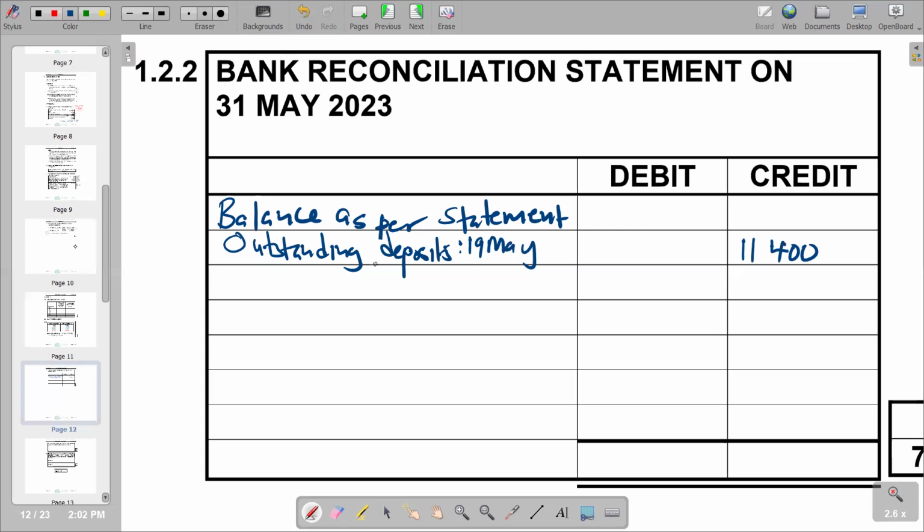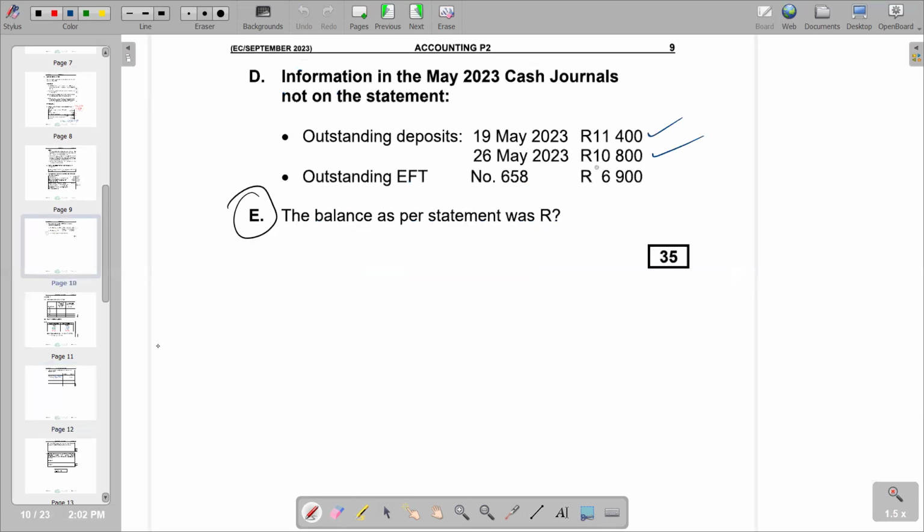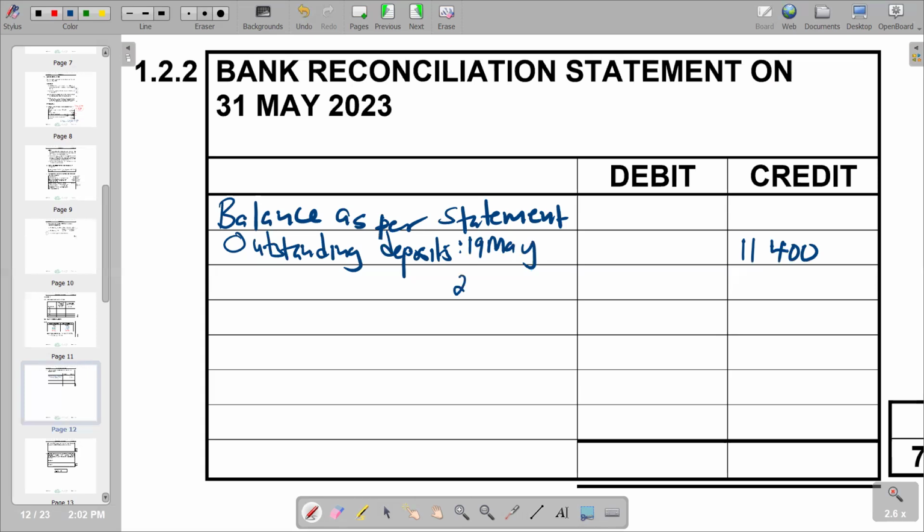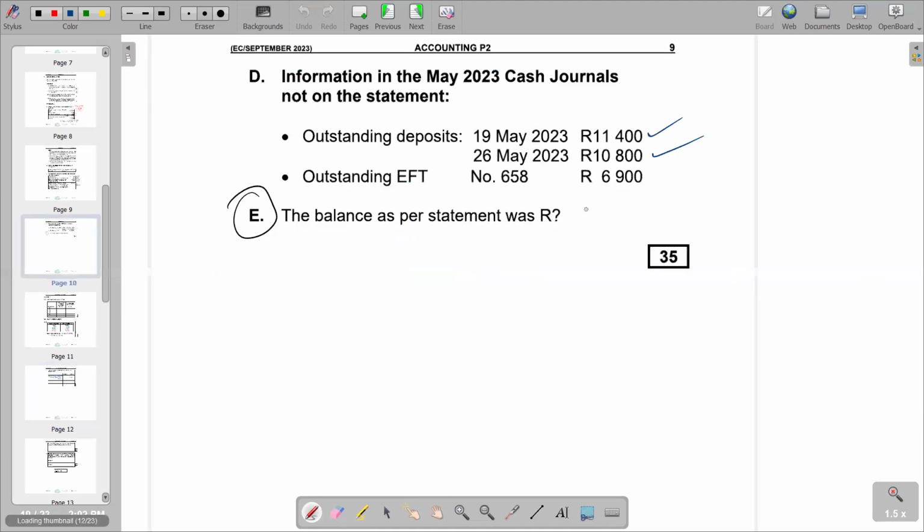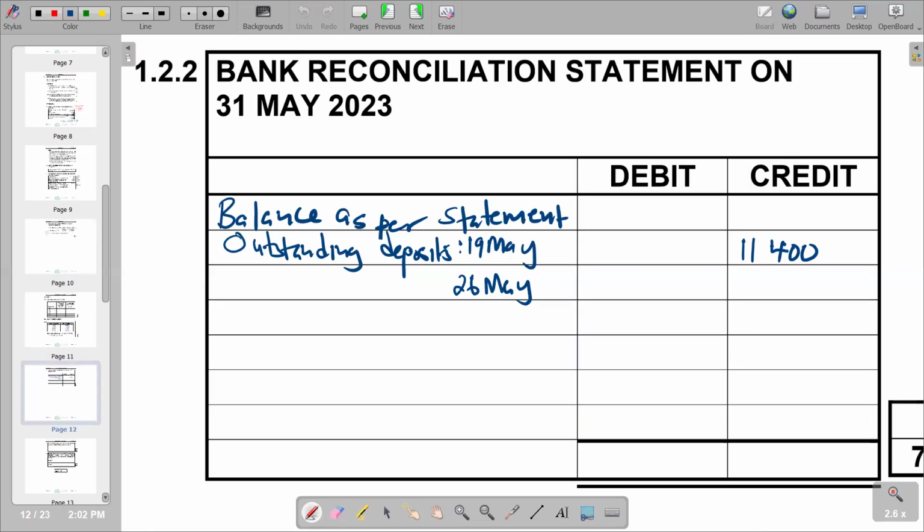Then we move on to the next one, which is 26 May, 10,800. So that's what we have.